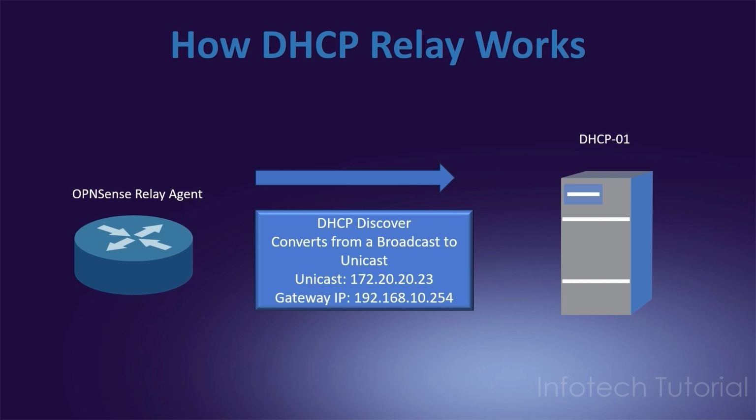OPNSense will reach out to DHCP 01, and it will convert the IP address from a broadcast address to a unicast address. The broadcast address is 255.255.255.255, and the unicast address in this situation is going to be the IP address of DHCP 01, which is 172.20.20.23, because OPNSense is configured to know who the DHCP server is.